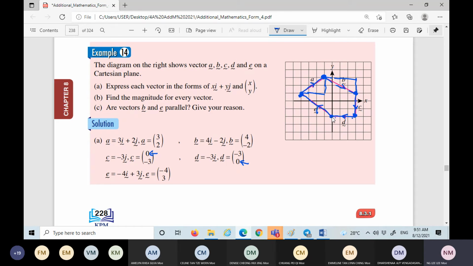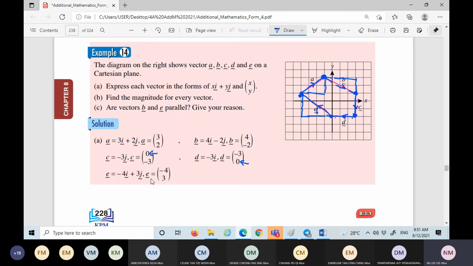You have to go to the left first, 1, 2, 3, 4, so it's negative 4i. And then go up, so it's positive 1, 2, 3, positive 3j. So this is part A.